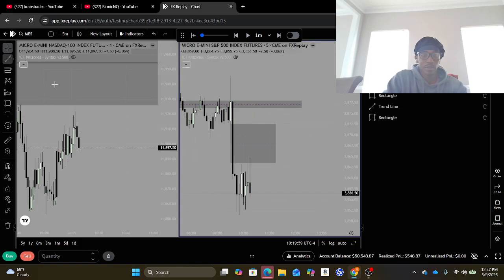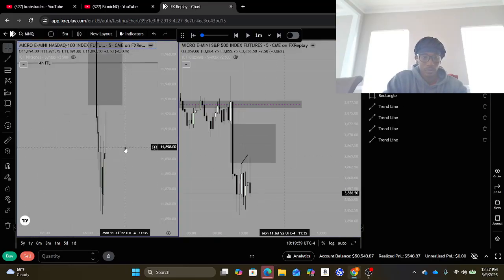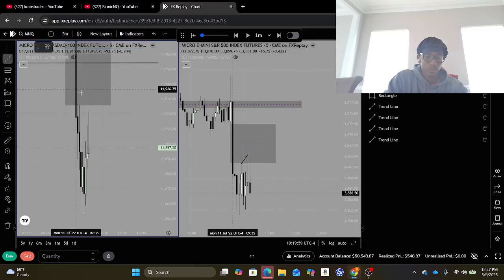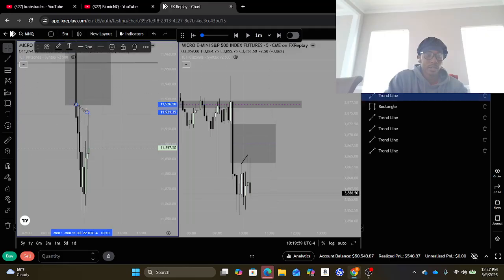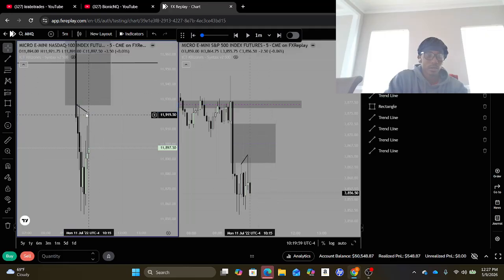S&T inside of a gap. So as you can see, we create an S&T inside of this gap. So boom, that's an S&T. Shit.